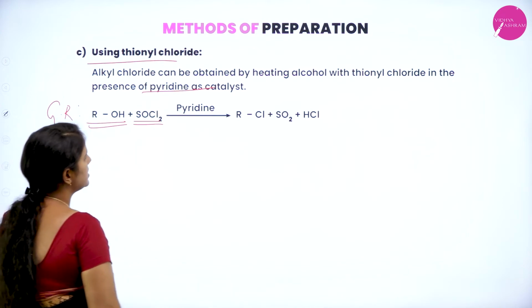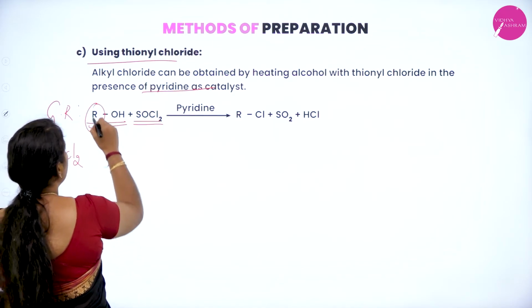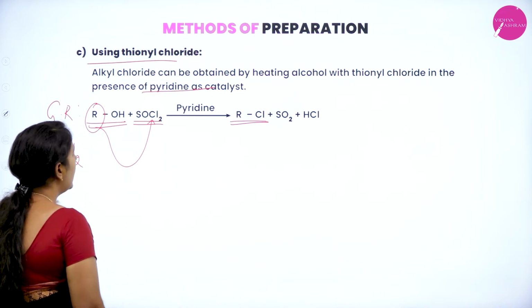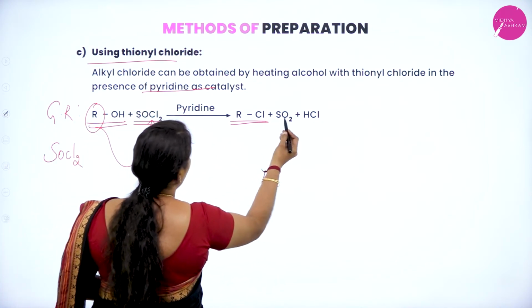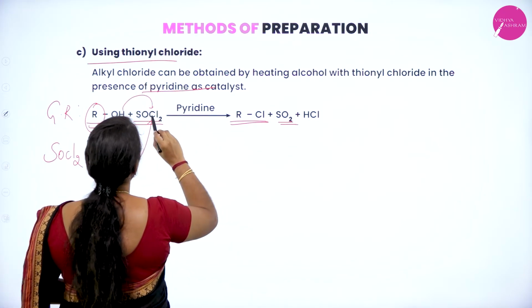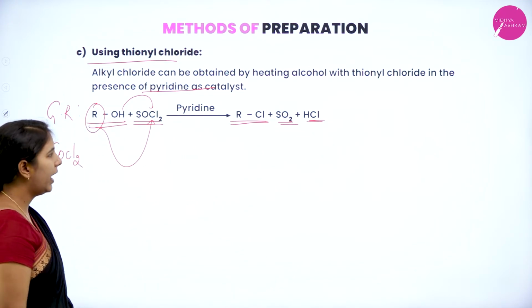SOCl2 in presence of pyridine as a catalyst. Again, what happens? R combines with one of the Cl to form an alkyl chloride. Again, this sulfur will combine with one more oxygen to release SO2 gas, and the remaining Cl combines with H to form HCl.